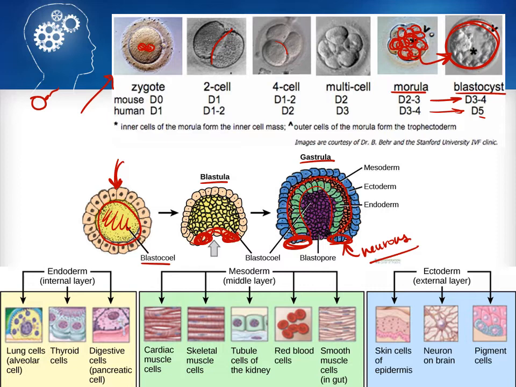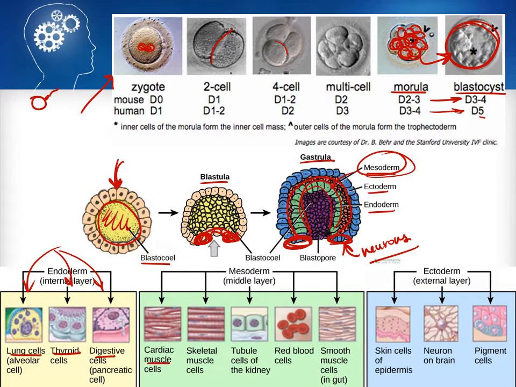So, a quick look at those 3 different layers of cells. Pretty cool. All the cells in the endoderm, these guys in the very middle of the gastrula, are going to become the internal layers of cells. So digestive cells, thyroid, lung cells, things in the very internal tracts of our bodies. Mesoderm, meso in the middle.